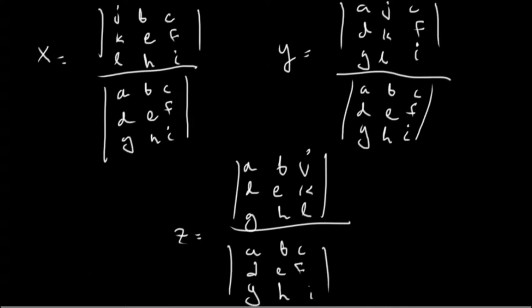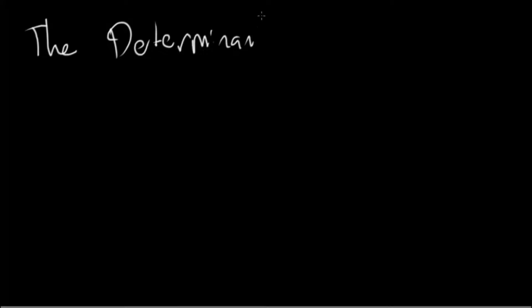Now the real question is, how do I evaluate the determinant of a 3 by 3 matrix? So let's do that. Here is the process: the determinant of a 3 by 3 matrix.